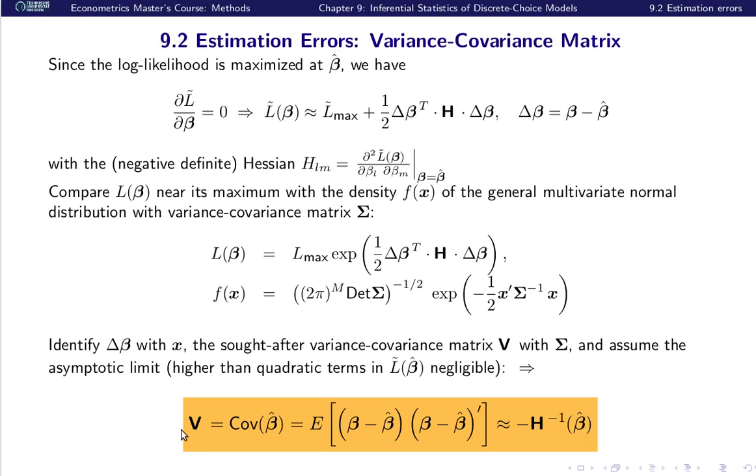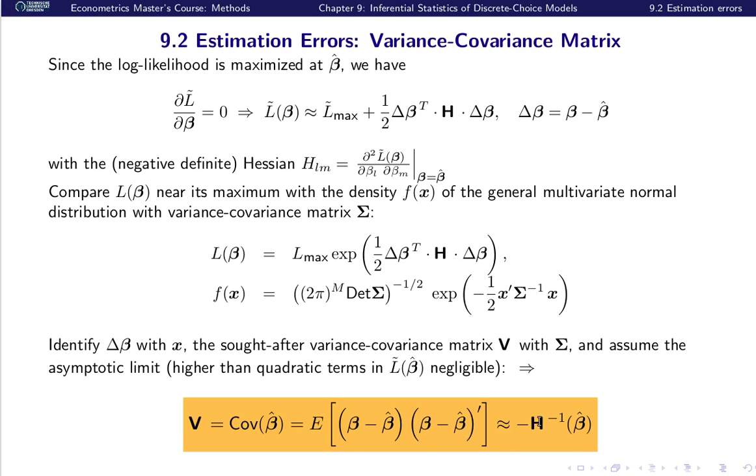The variance-covariance matrix of the beta estimators is just the inverse Hessian at the calibration point, and minus. It's also obvious that there must be a minus because we are at a maximum. That means the second derivatives are negative, or more precisely speaking, the Hessian is negative definite, but of course the variance is positive definite.